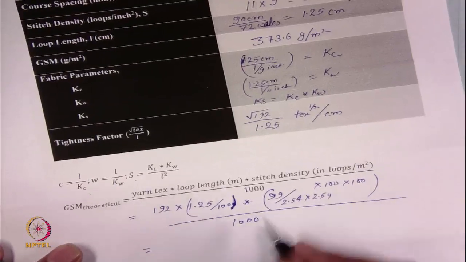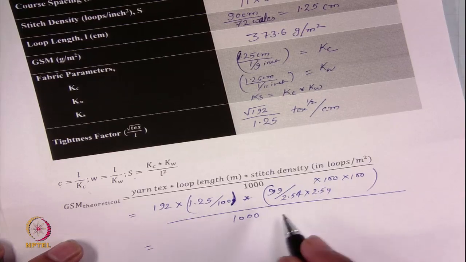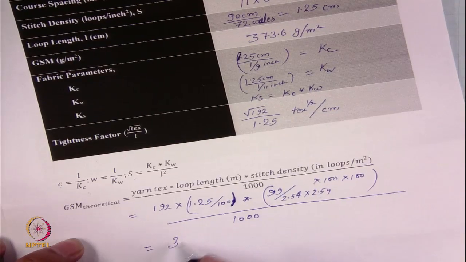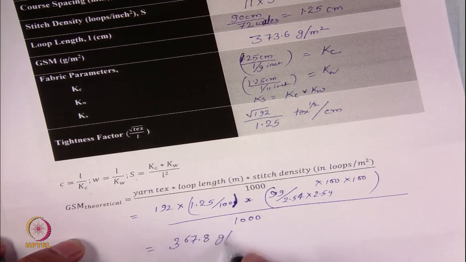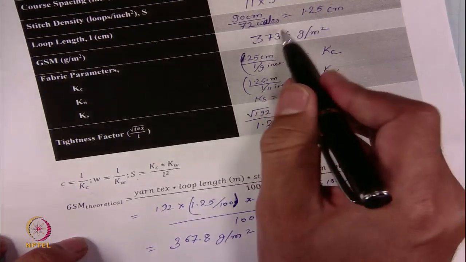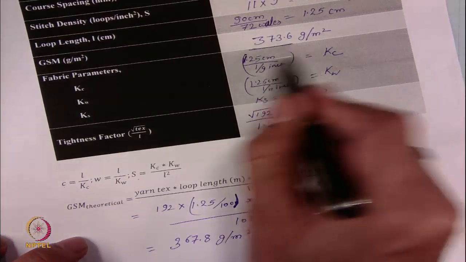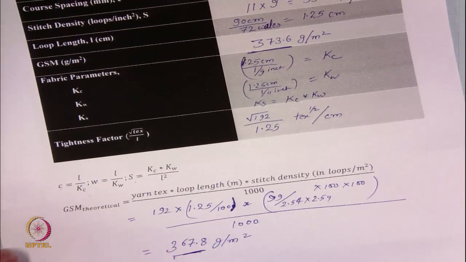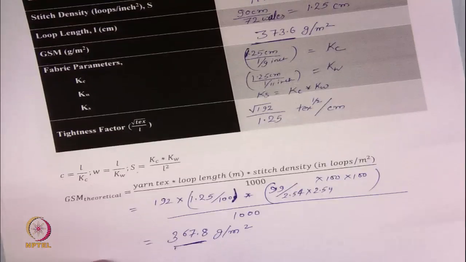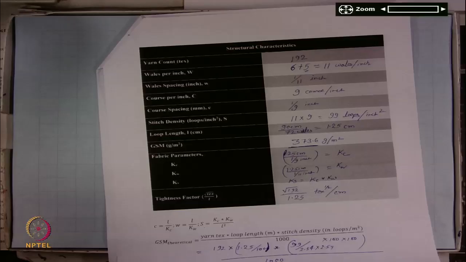If you do this calculation, you will get 367.8 gram per meter square. If you see this part and this part, we are very close, hardly 2 to 3% difference. So, this is how you do the fabric analysis.